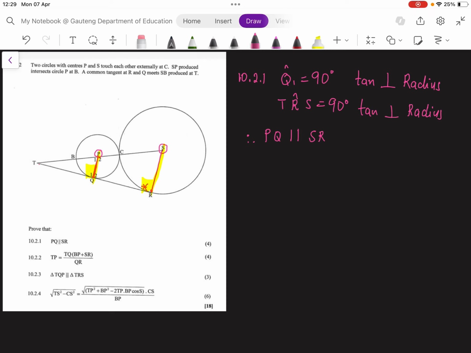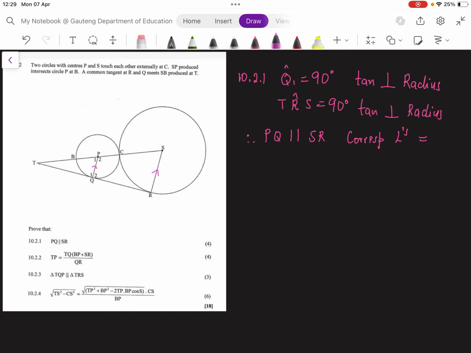So why are we saying these two lines are parallel? It is because of corresponding angles that are equal. So since corresponding angles are equal, we can conclude that these two lines are parallel. Now going forward, we are going to use these two lines as parallel lines.